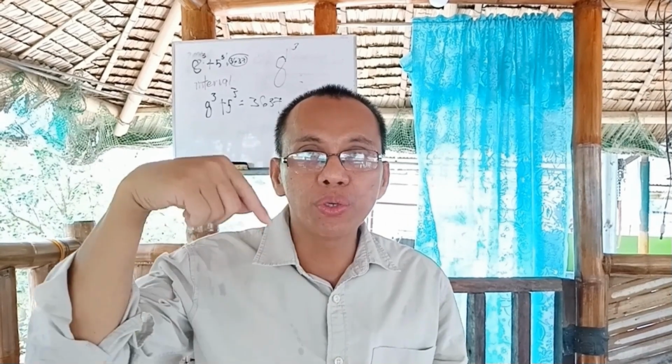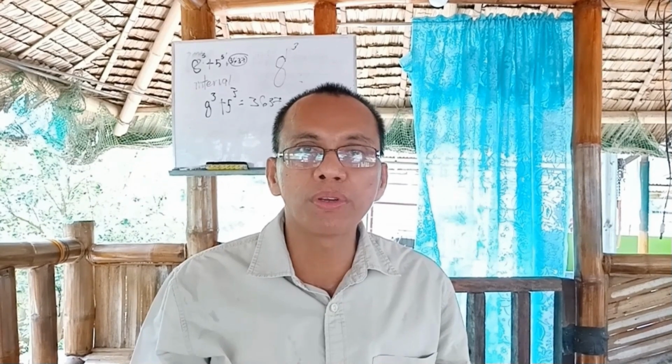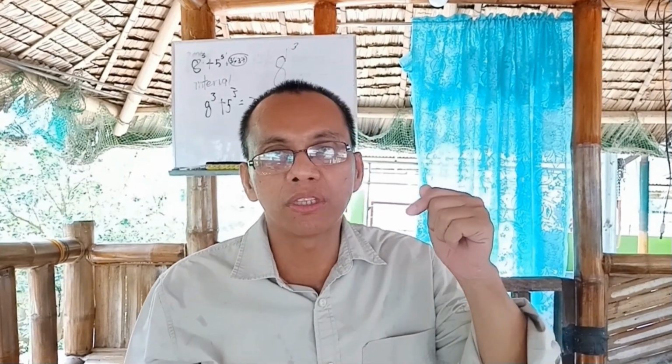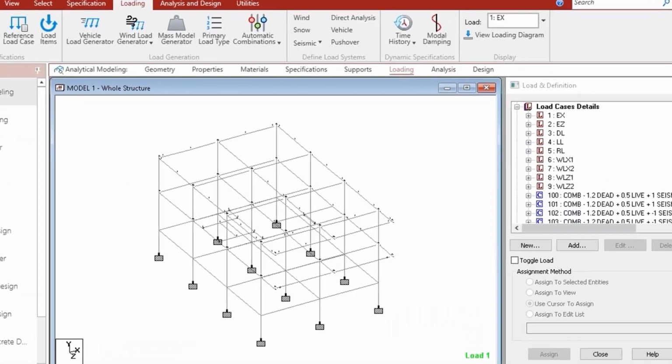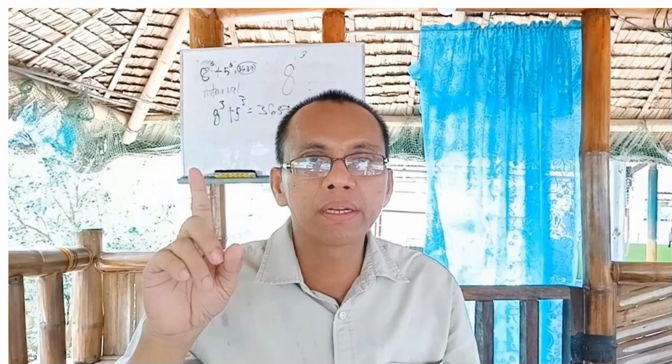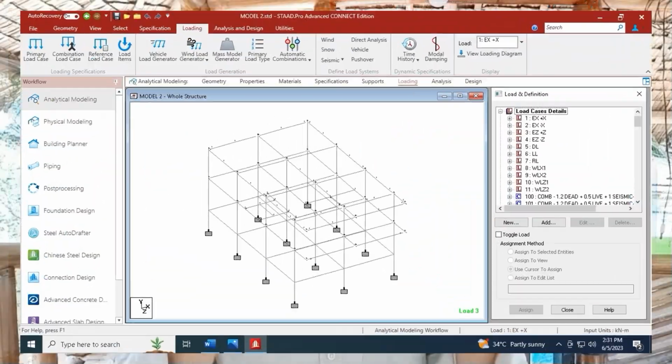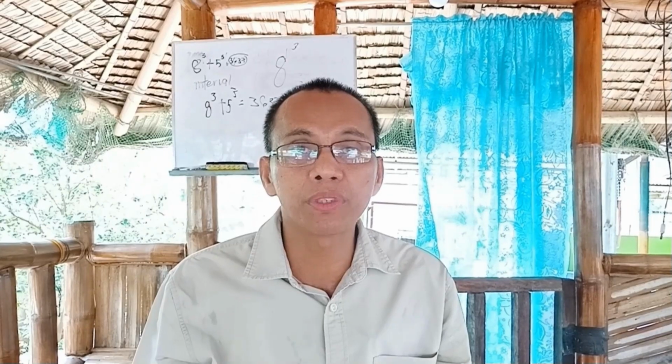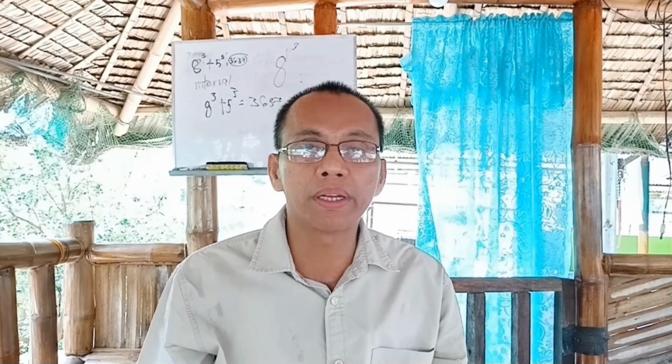In this video, I am going to discuss with you the difference between the two models that I created intentionally here. This model 1 and this model 2. Notice that the setup of seismic primary loads in model 1 is different compared to model 2.